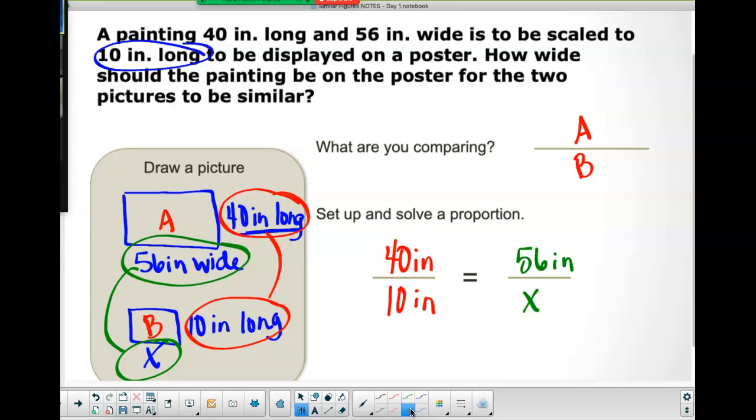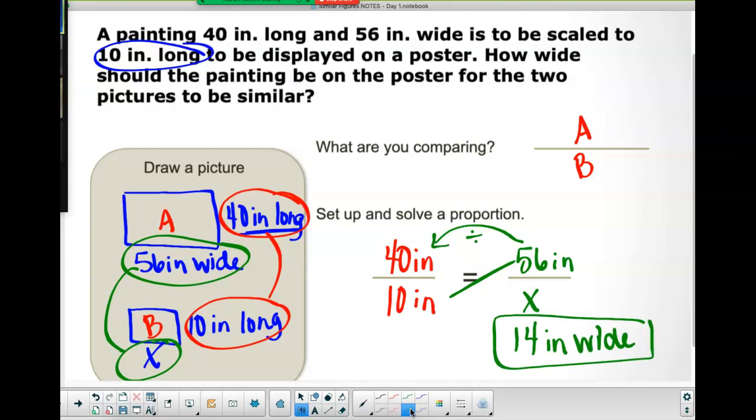So 10 times 56, multiply the two numbers on the diagonal, and then divide by 40. And you get 14 inches wide. So there's our answer.